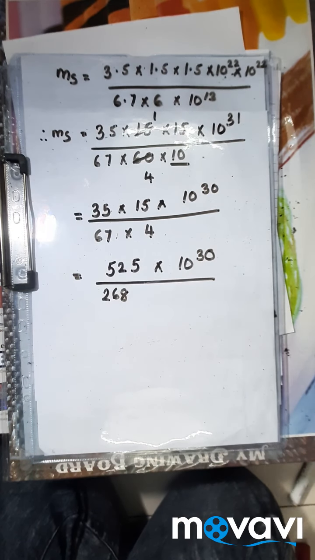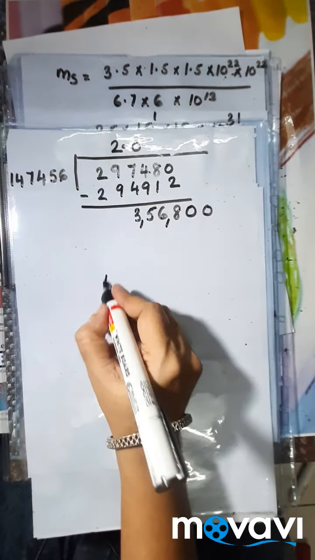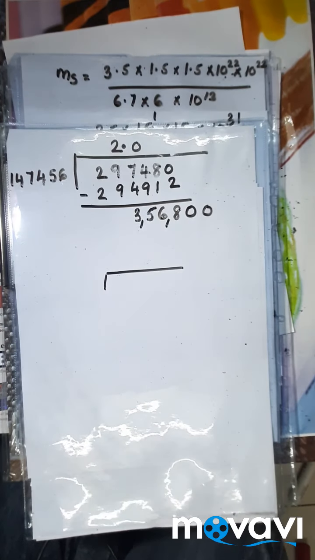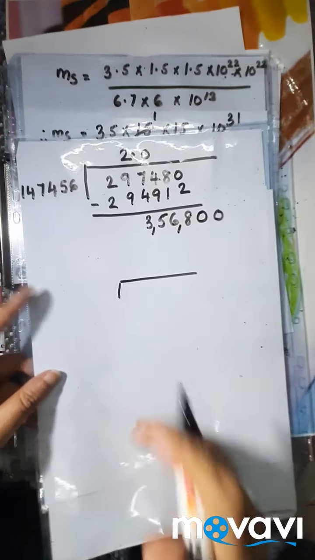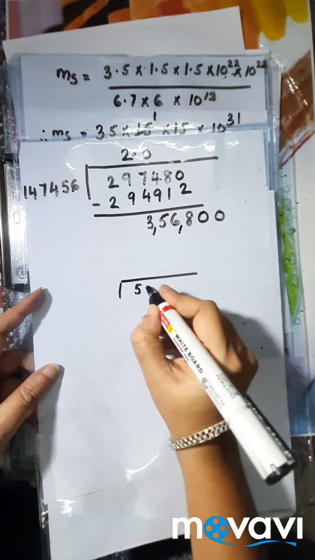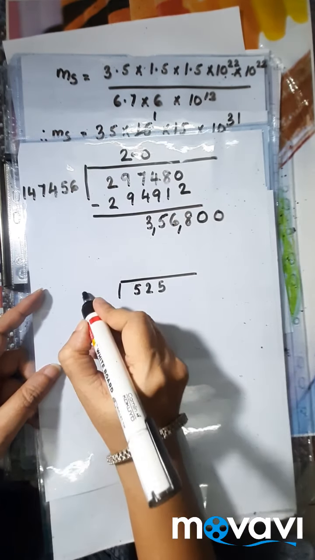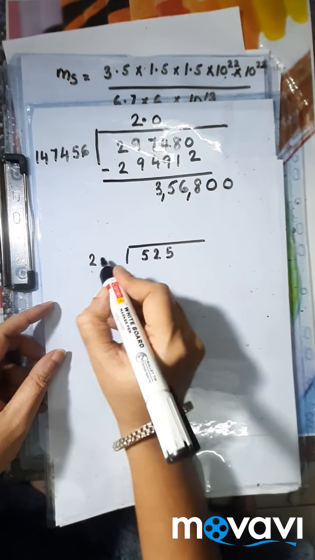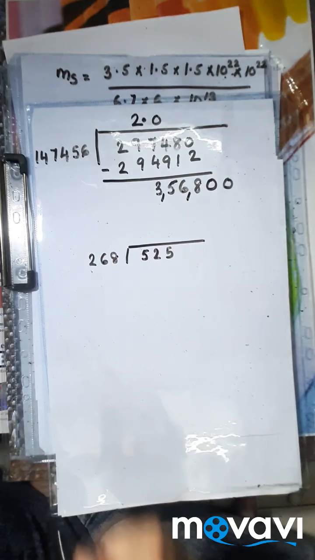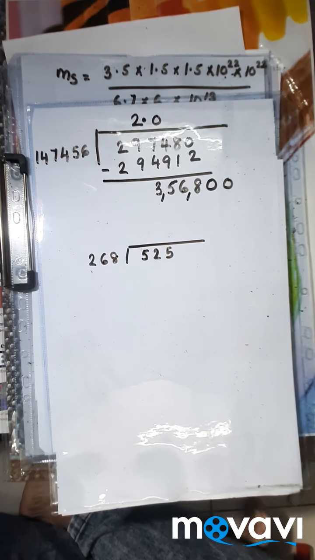Okay, we'll go back to this rough page of mine and we'll divide 525 by 268. 250 multiplied by 2 is 500.